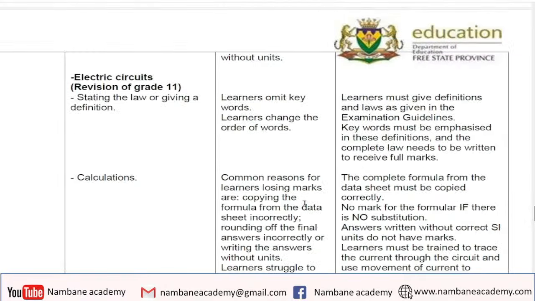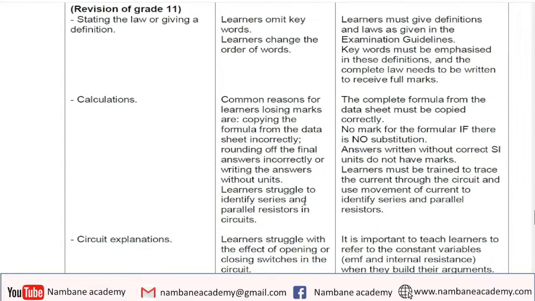Then with electric circuits, the formula we have stated it. But before we get to the calculations, we need to be able to give the definition of EMF, as given in the examination guideline. But sometimes we are asked to explain instead of define the EMF.